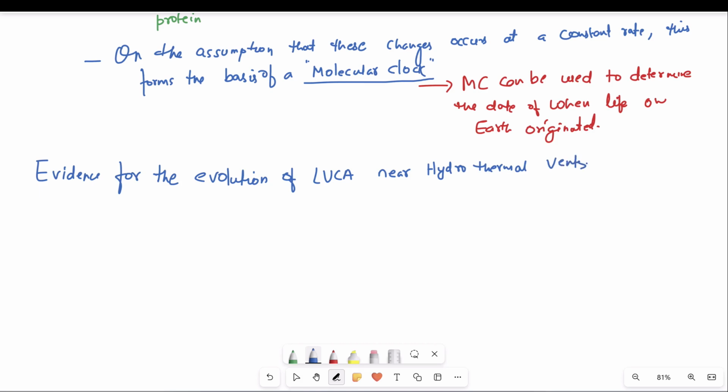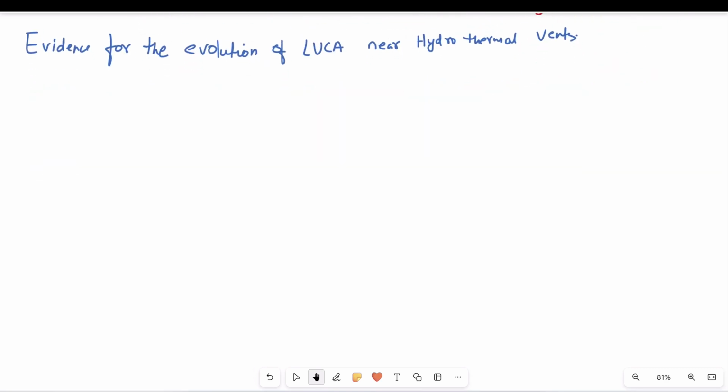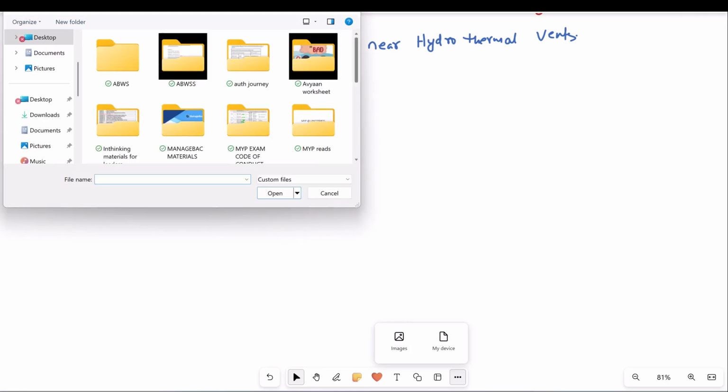Let's talk about that. So it is possible that LUCA evolved in hydrothermal vents deep inside the ocean. Let me show you how this hydrothermal vent looks.